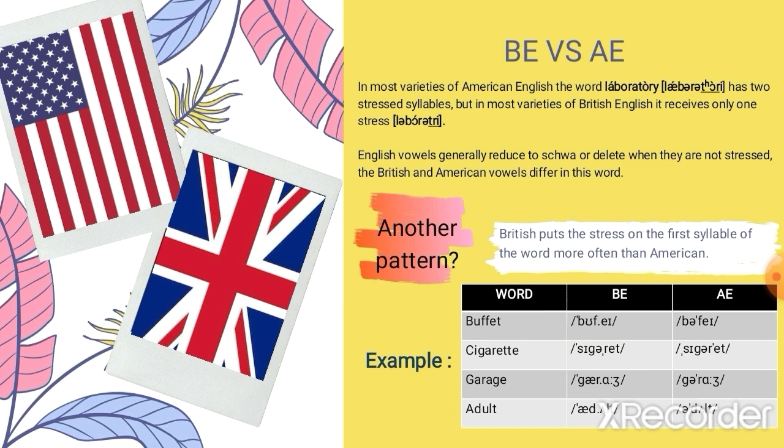And in the word cigarette, British English and American English also place the stress differently. This is only some of the examples of the differences between British and American English, and you can find more information on the internet.